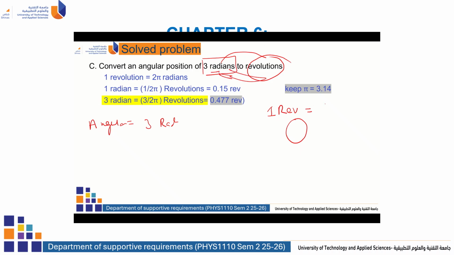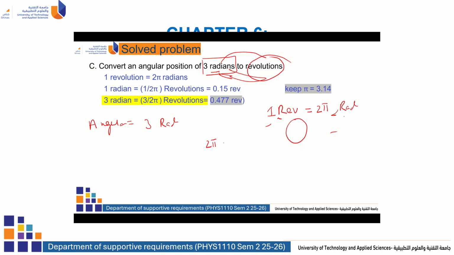One revolution is the same as 2 pi radians. This is the relation between these two. I am writing this information here, which is easier for me.